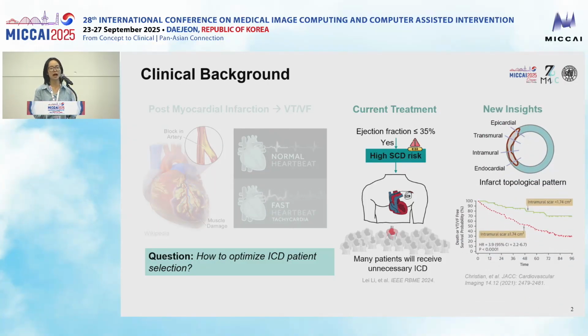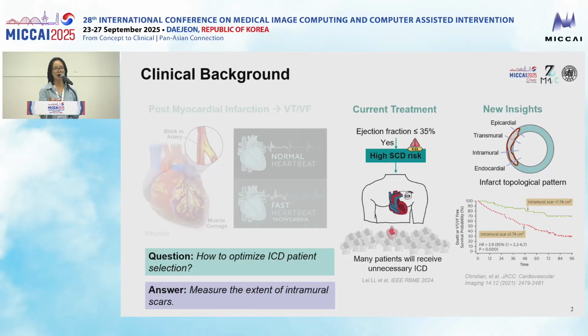Recently, some studies indicate that there is quite a strong correlation between the scar topological pattern and the SCD risk. Specifically, the intramural scar, which refers to scar that does not touch any boundary of the myocardium, has shown quite a strong correlation with the SCD risk.